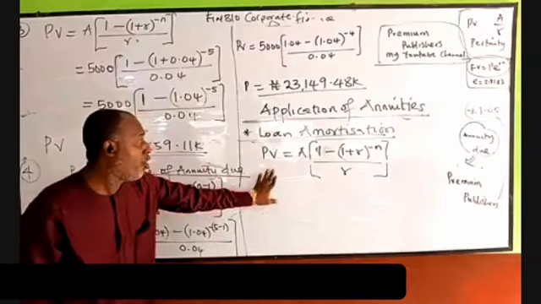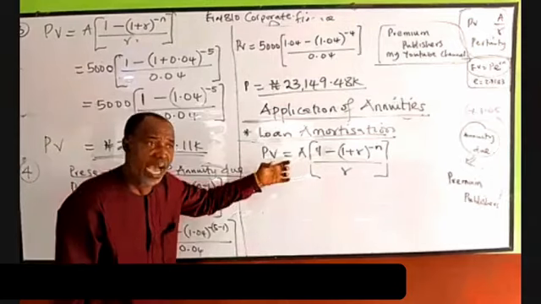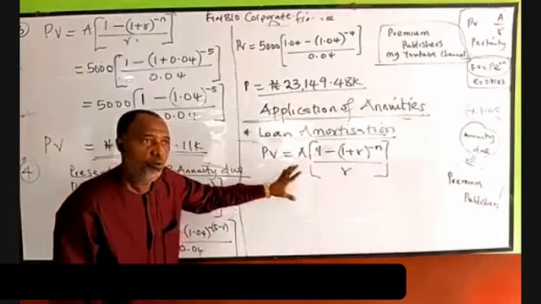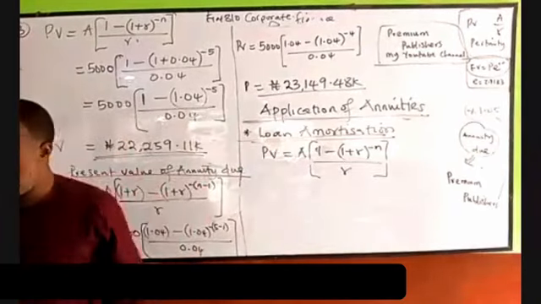This loan amortization formula is the annuity formula, present value, to be applied in loans.